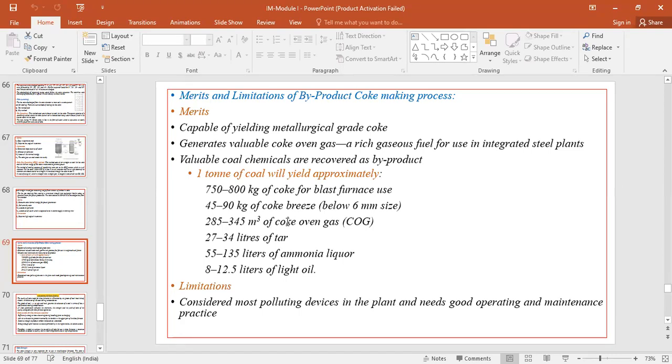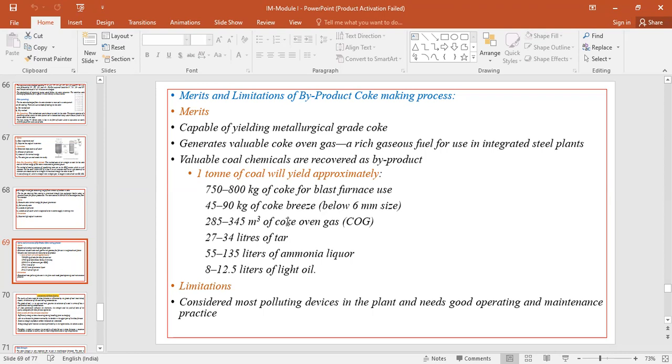Among all the various departments in the integrated steel plant, the coke making department is one having a highly polluted area, and great care needs to be taken during operation as well as maintenance. Whatever byproducts we are recovering, during their transportation also we need to take utmost care, because any leakage would cause damage to mankind.